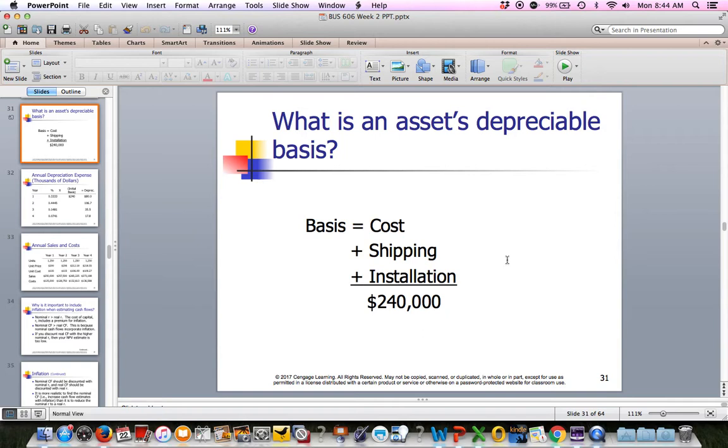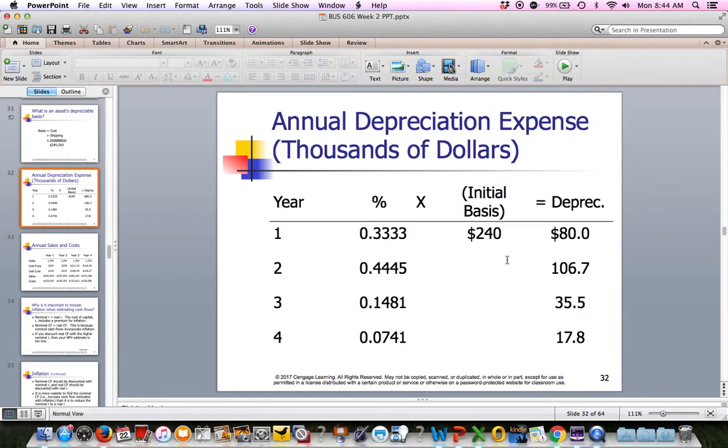Okay, so for our equipment, remember that we have to factor in the cost of the equipment plus the shipping plus installation, all costs needed to get it ready to go. That's that 240. And then we have to depreciate that. The reason we factor in depreciation is it impacts cash flow. If you recall some accounting principles, depreciation is an expense, right?